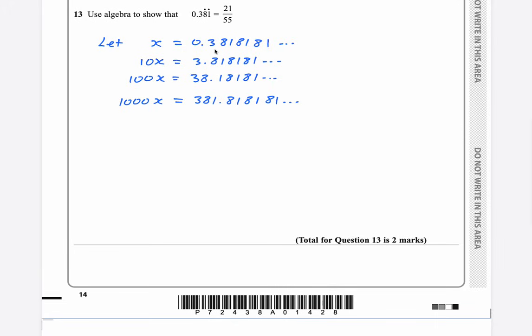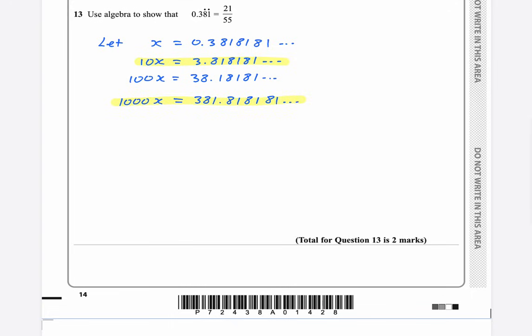Now these are the same, guys. 818181, 818181. So I'm going to say that this and this are the ones I am going to use.